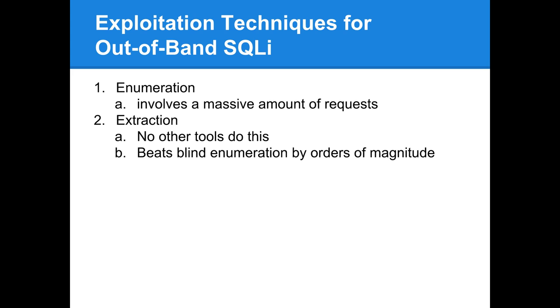No tools currently implement this, but it beats blind enumeration by several orders of magnitude in terms of performance. That is because blind enumeration, or binary enumeration, involves a massive amount of requests.